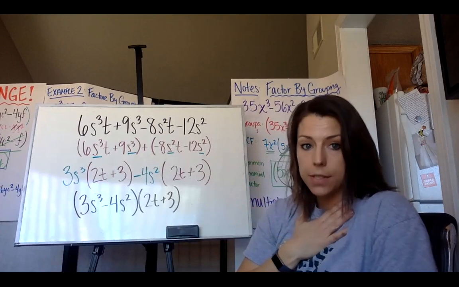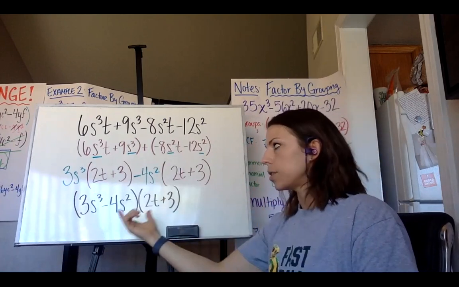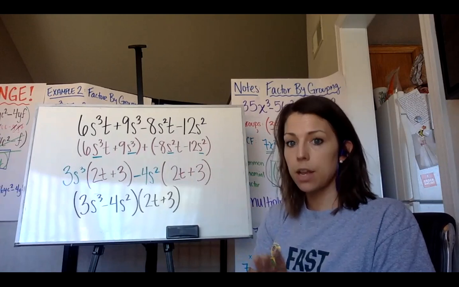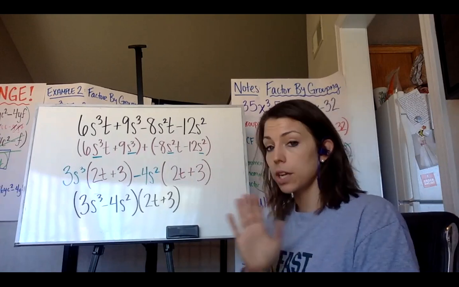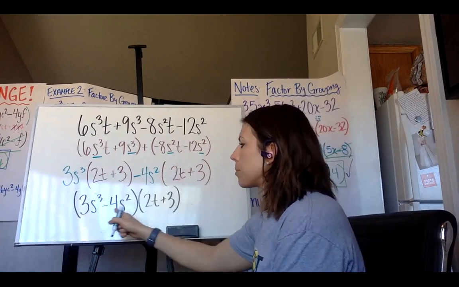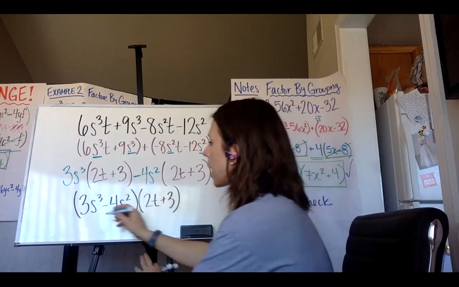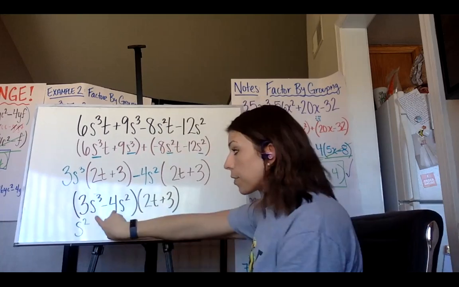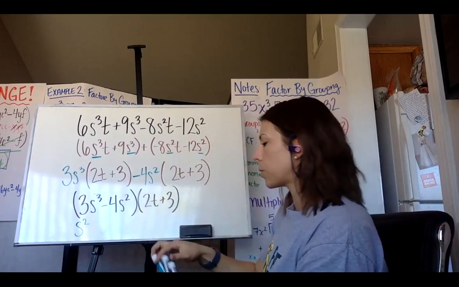Now, if you were in my classroom and you did this on a worksheet practice, that would be 100%. I would give you full credit. But IXL is telling you no. So if you want to try these, this is what you would do. You notice that they both have s squared in common, so I would factor out s squared, just from these two, because this doesn't have an s squared.